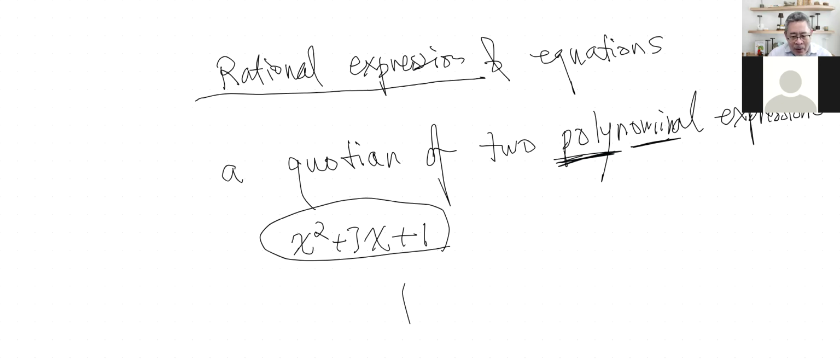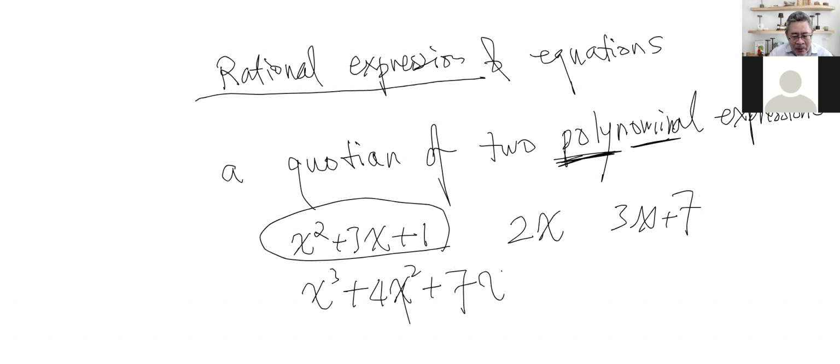For example, 2x is also considered a polynomial expression. And of course, 3x plus 7 is polynomial. You could have, say, x to the third plus 4x squared plus 7x minus 9. That is also a polynomial expression.